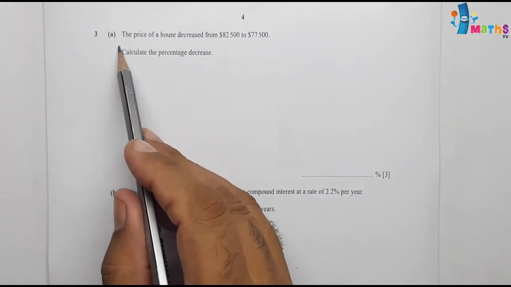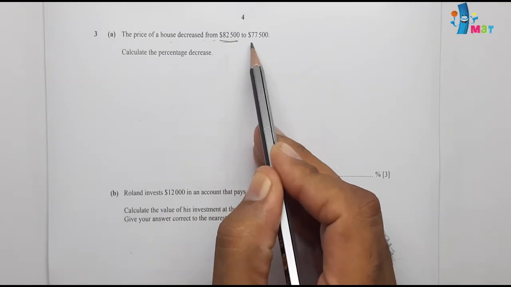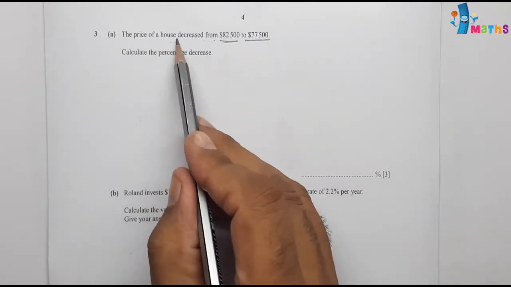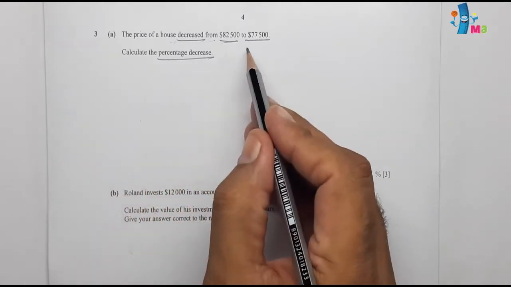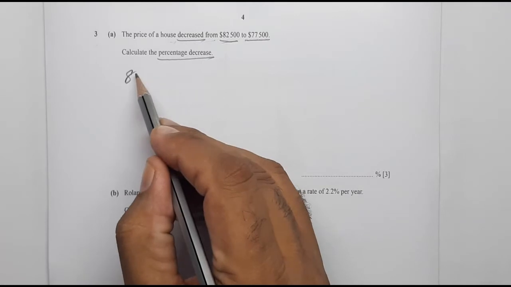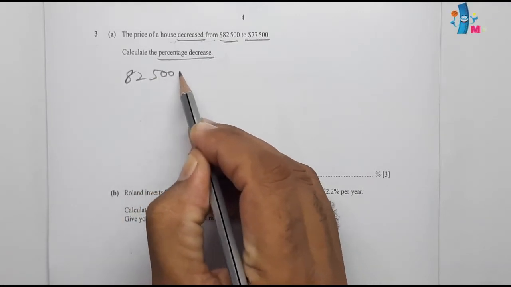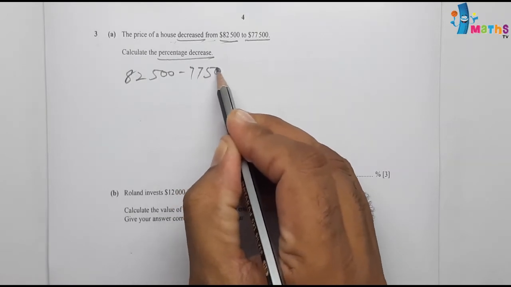Question number 3, A part. The price of a house decreased from this amount to this one. So it's a decrease in price. Calculate the percentage decrease. First we calculate the amount decreased: 82,500 minus 77,500.